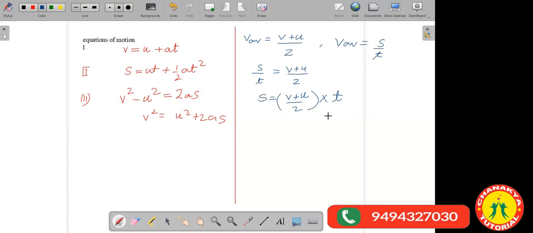To derive the second equation, we substituted the value of V from the first equation of motion.